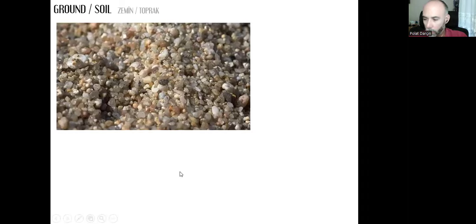That's why we call the entrance floor the ground floor, because it's the floor that is connected with the ground. When we take a closer look, we see lots of tiny particles there, and because of these particles, there are gaps in between them. So the basic properties of the ground are that it's porous and granular.